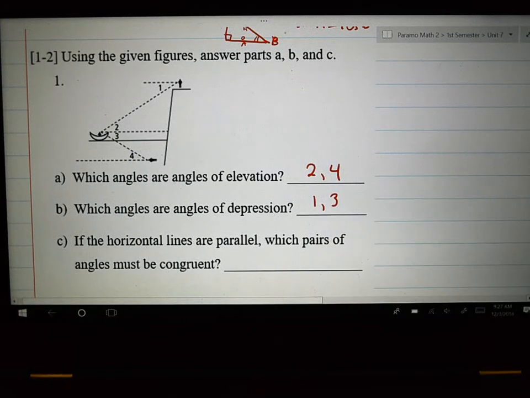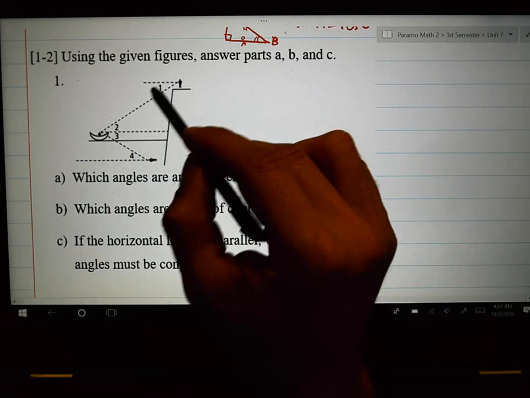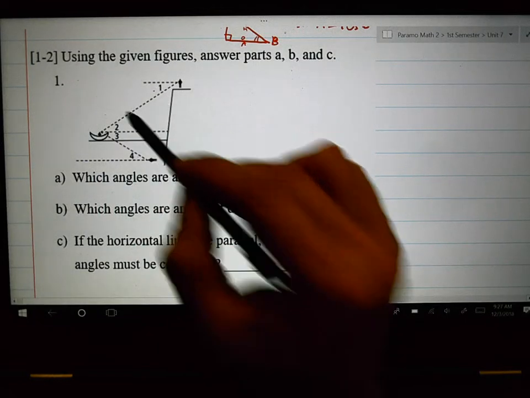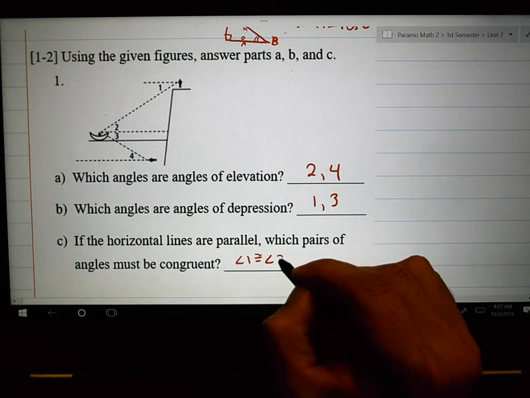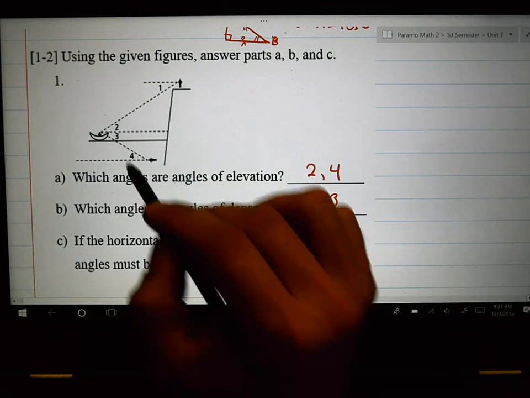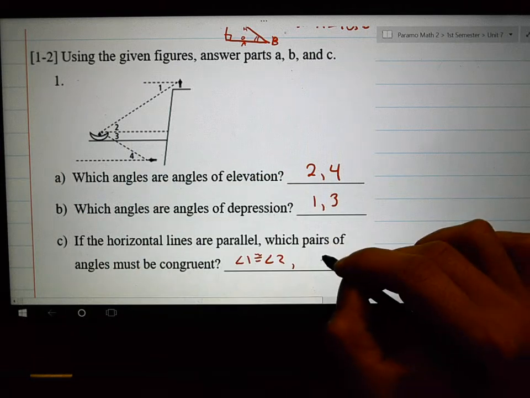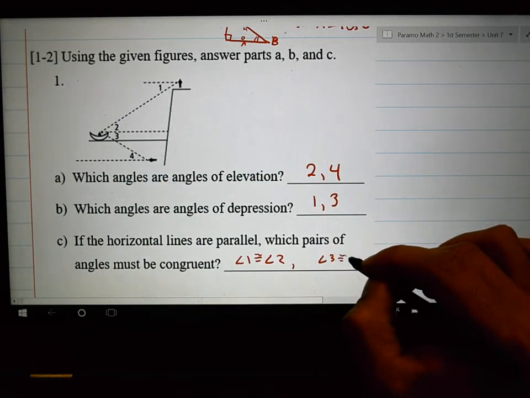The last question on number 1 says, if the horizontal lines are parallel, which pairs of angles must be congruent? The way that I would want you to write these is that 1 and 2 must be congruent. Angle 1 is congruent to angle 2. And 3 and 4 have to be congruent to each other.